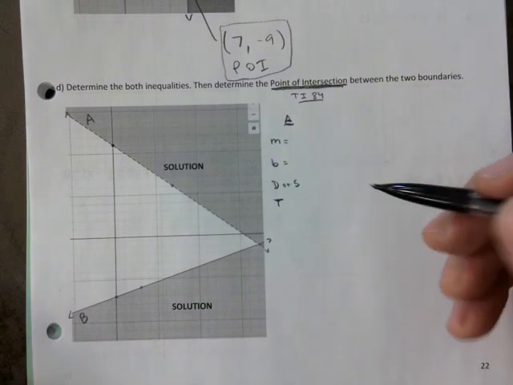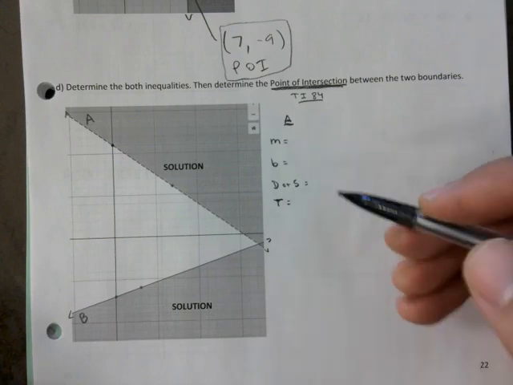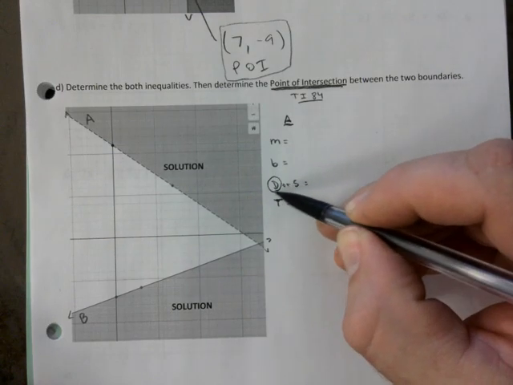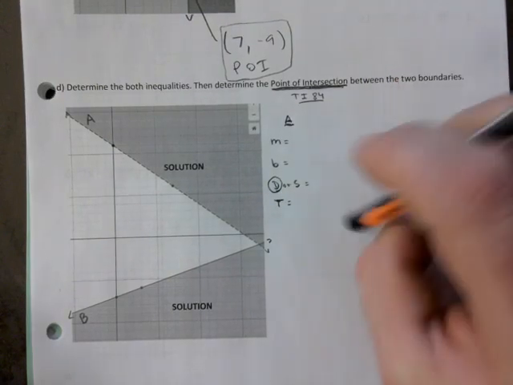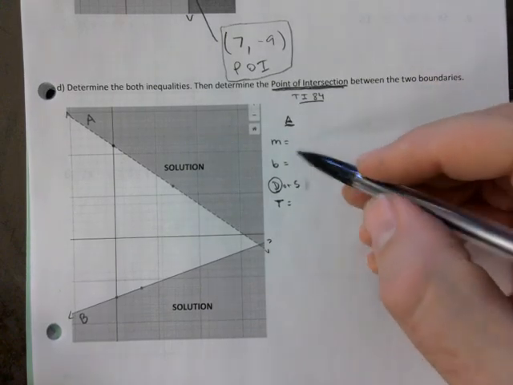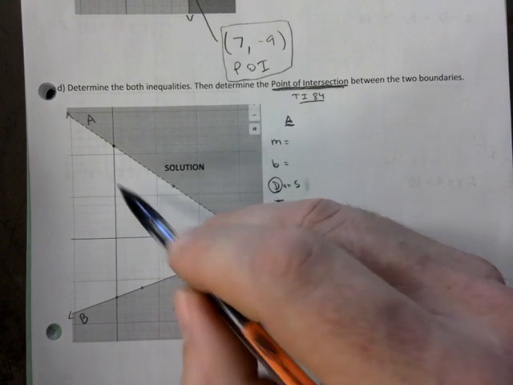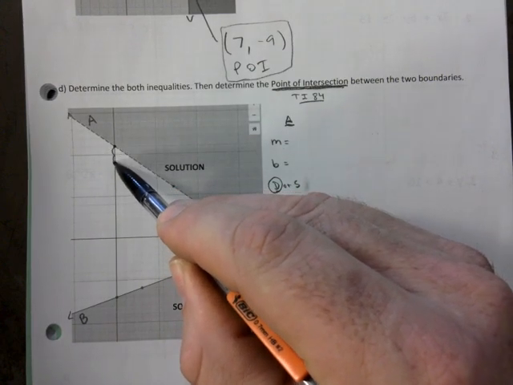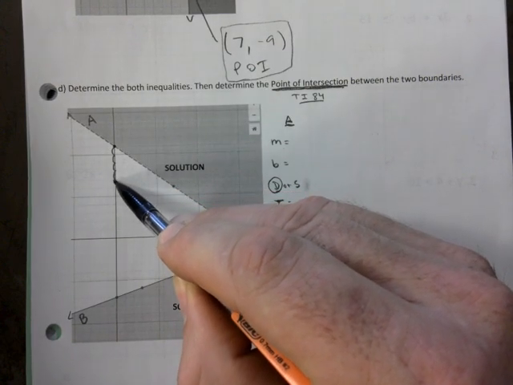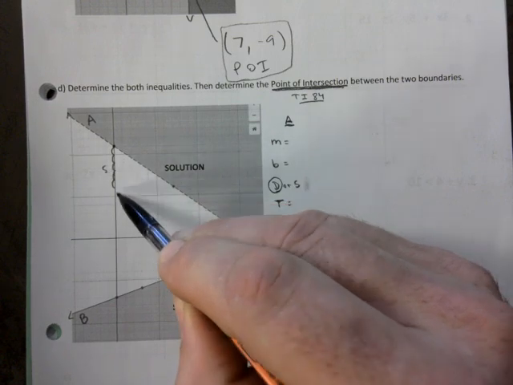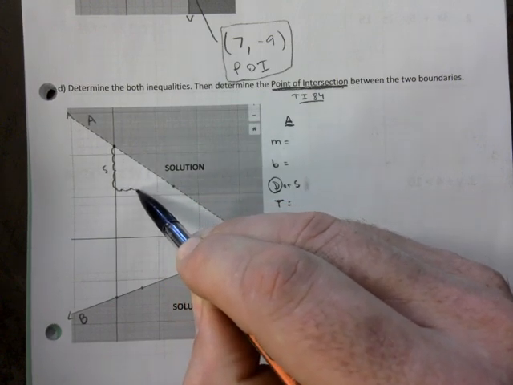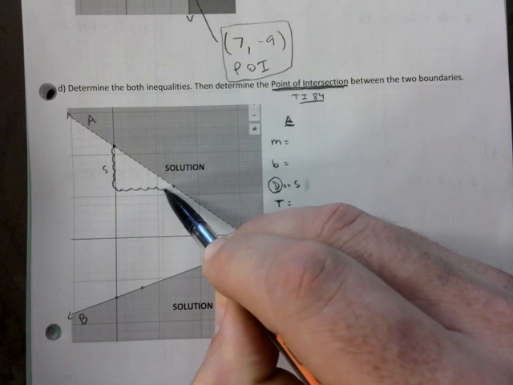Oh, I need to hurry a little bit. So we know that it's dashed, right? For sure. So no equal sign there. The slope, I did give a point here. So we're just going to count 1, 2, 3, 4, 5, and 1, 2, 3, 4, 5, 6, 7.